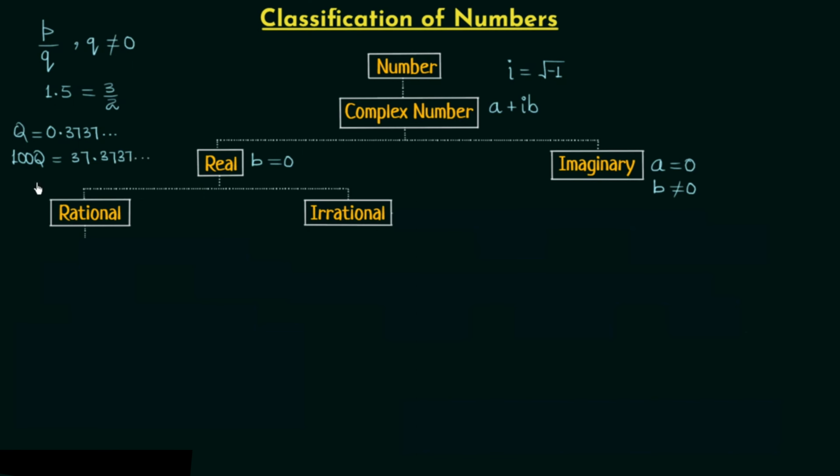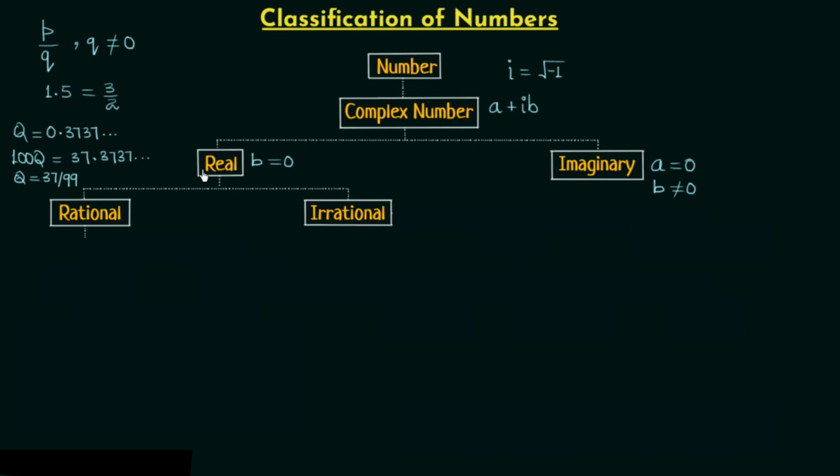Now what if I subtract q from 100q? On the left hand side we will have 99q, and on the right hand side we will have 37. So q will be equal to 37 divided by 99, and this is in this form. So I hope you understand both the forms of rational numbers.